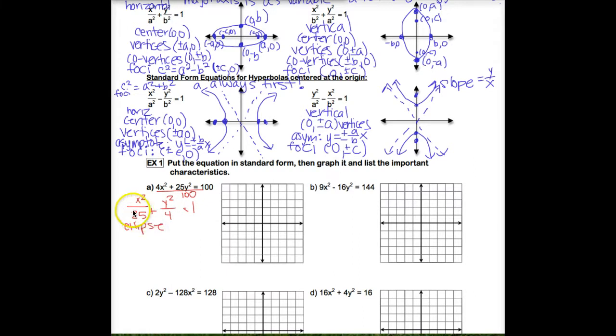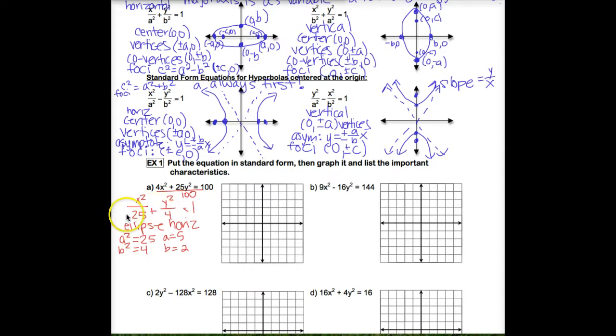A is the bigger number, so that means a squared is 25, which means a is 5. b squared is 4, so b is 2. Now, because the x had the bigger squared value, that means that this one is going to be horizontal.